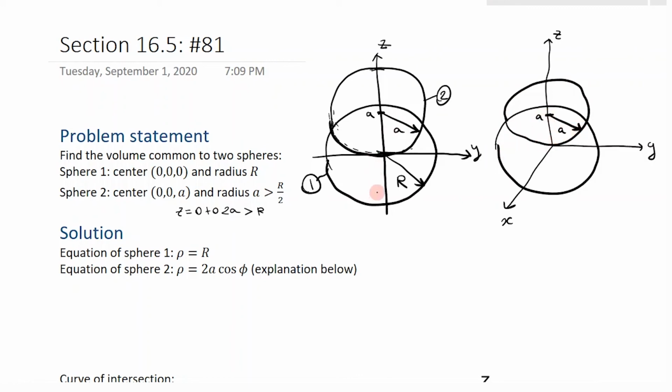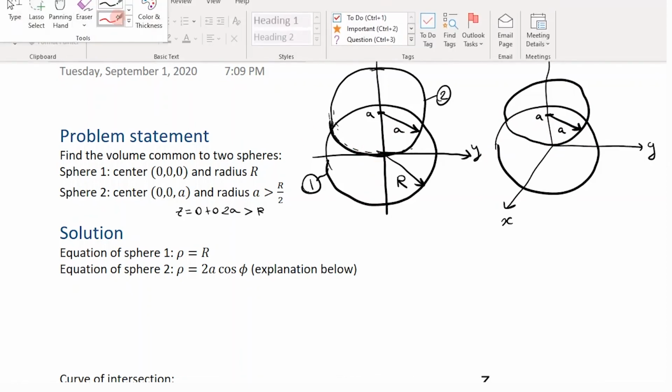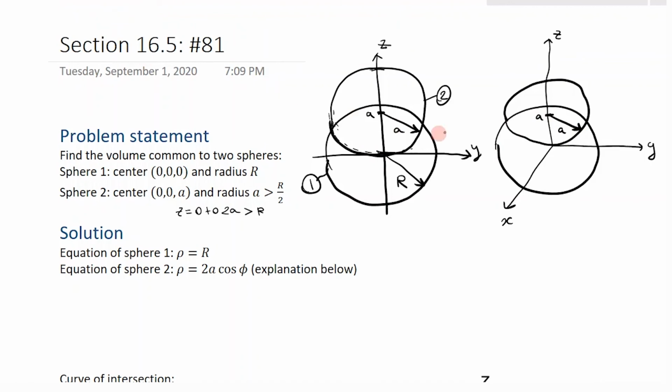We also know that these two intersect in a contour, which is a circle. On the YZ trace, it's going to look like just two dots.